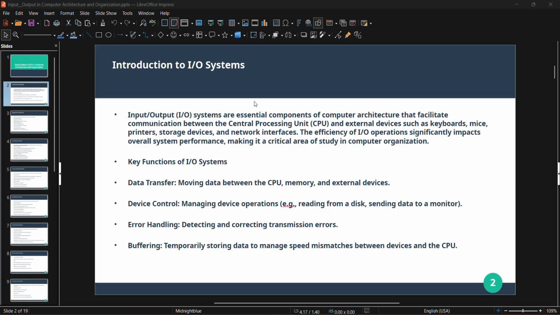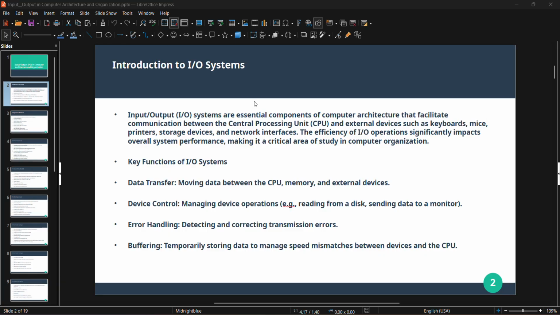Now, here are the key functions of the input output system. You have data transfer, device control, error handling, and buffering. For data transfer, that's the moving of data between the CPU, memory, and external devices. Device control is the management of device operations, for example, sending data from the keyboard to the monitor when you are typing, or reading from a disk during data transfer.